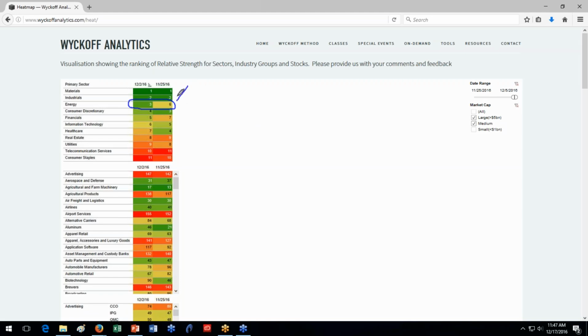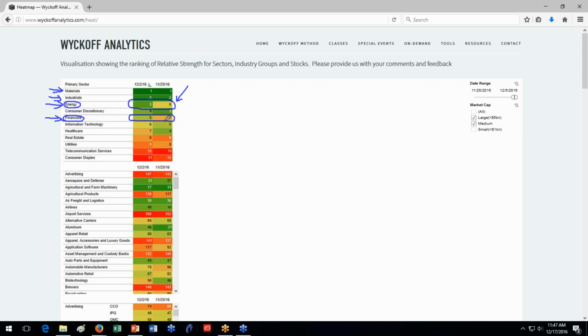Obviously the green is the color that we would prefer for the leadership, and we're seeing how the materials started to outperform since the election, industrials, energy as well. We're seeing again the rotation that is happening primarily in energy and the financials. So those are the two sectors that are going to be extremely of interest to us. Anything else seems to be not that interesting.